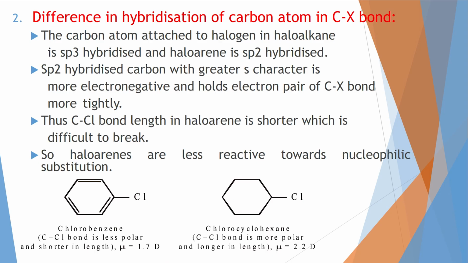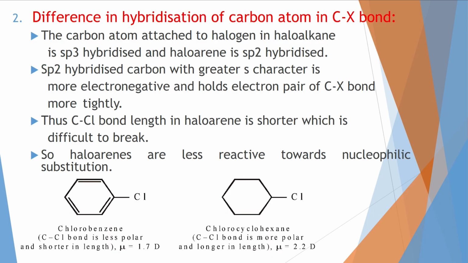As the s character is more, the electrons of the chlorine atom or any halogen atom are pulled more inside towards the carbon atom. So its bond length is small, and again it is difficult to break.